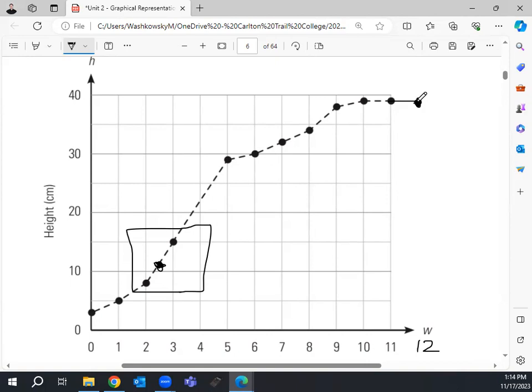So interpolate, guess between two figures. Extrapolate is guess after the data set, if that makes sense. And you can think about it this way. Interpolate is inside, in. The first 2 letters should be your key there. Interpolate, inside. Extrapolate, the exterior, the outside part of it.